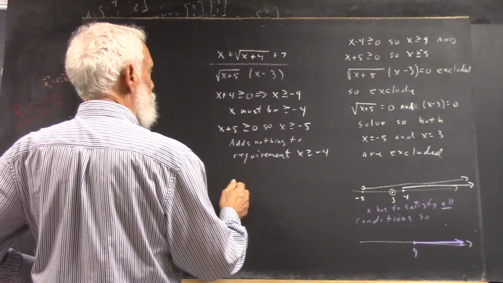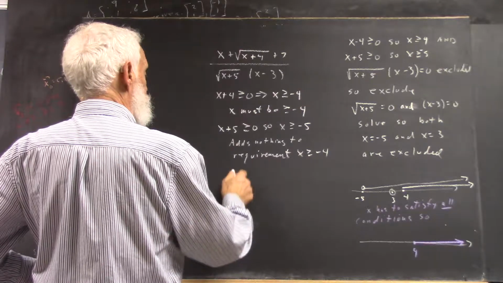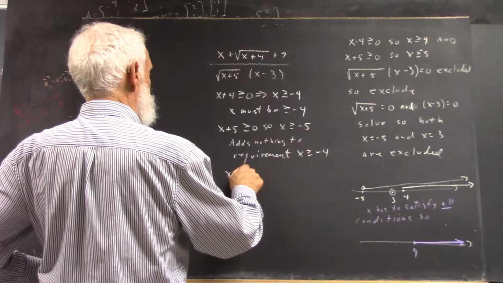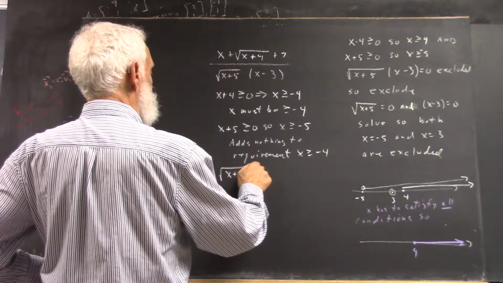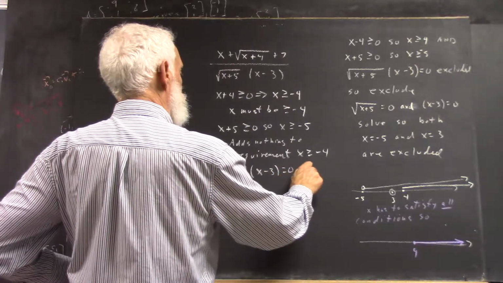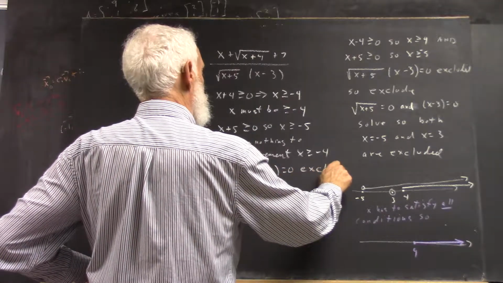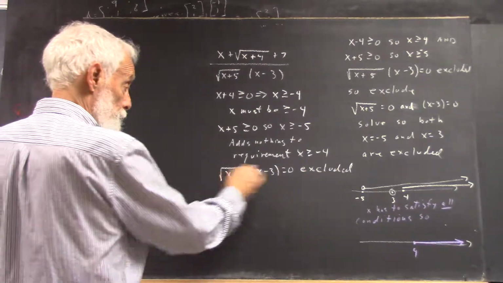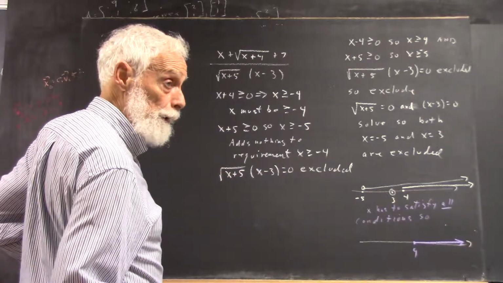And then we have, as before, any solution to the denominator equals 0 has to be excluded, right?